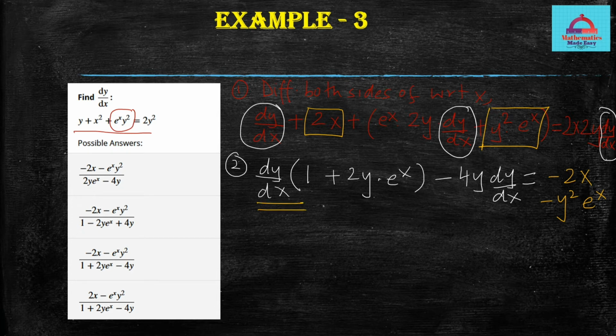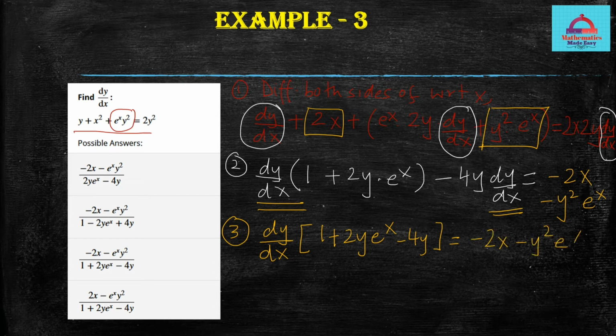Again, now we are going to factor out dy by dx. That's step 3. So we are left with dy by dx times 1 plus 2y e to the power x minus 4y here. On the other side we have both signs negative, 2x minus y square e to the power x. Let's do the last and final step where we isolate dy by dx.